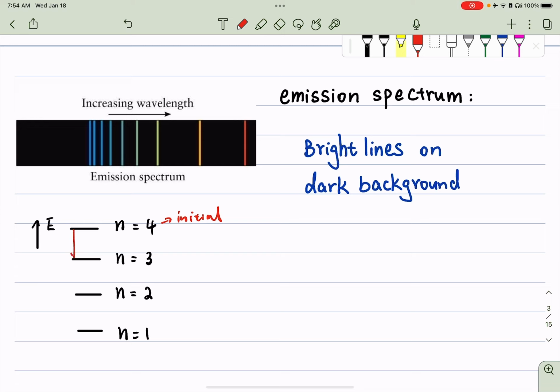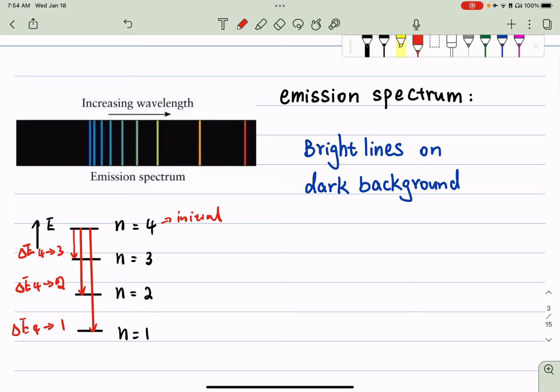This sample can go down to n equals 3, which I call delta E 4 to 3. It can also go further down to n equals 2, so we have another line going from 4 to 2. And the longest one is delta E from 4 to 1.